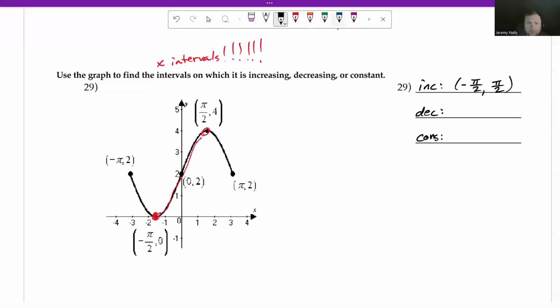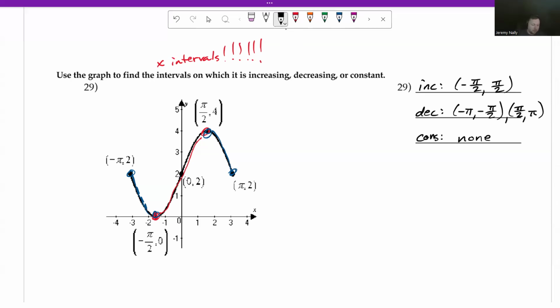Decreasing, I can see from here to here and from here to here. It's decreasing, so -π to -π/2, comma, not union, and then π/2 to π. And there are no intervals where it's constant.